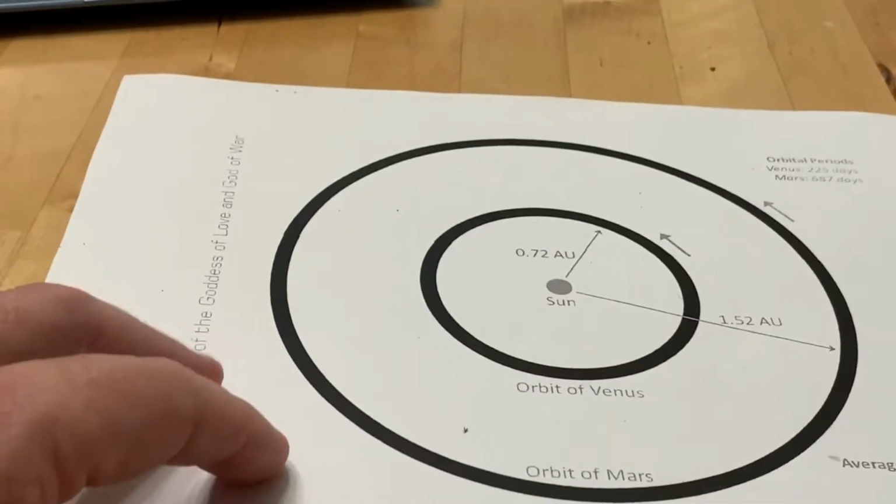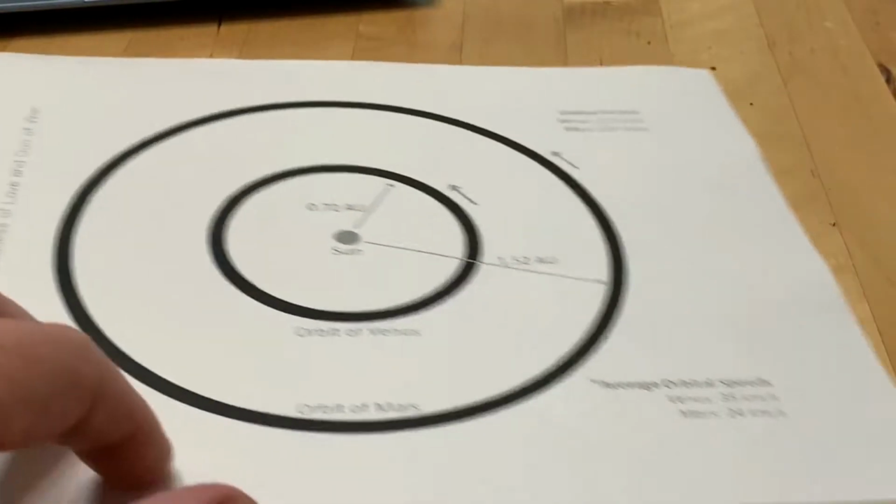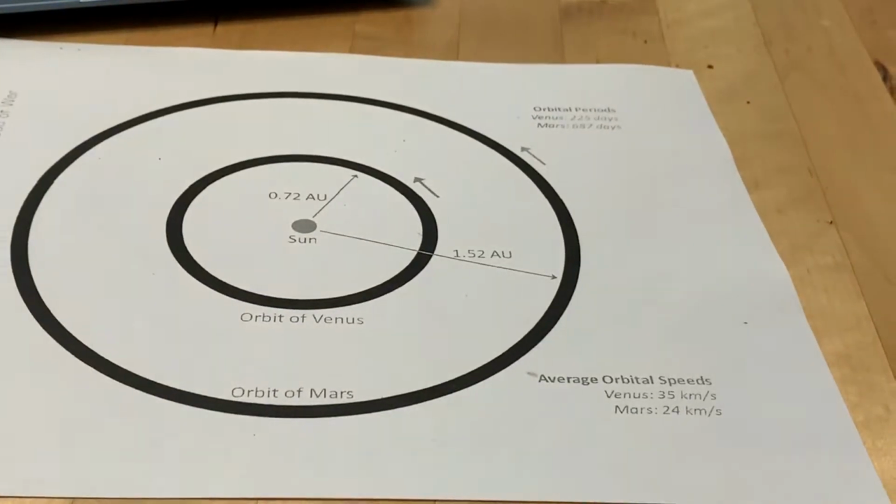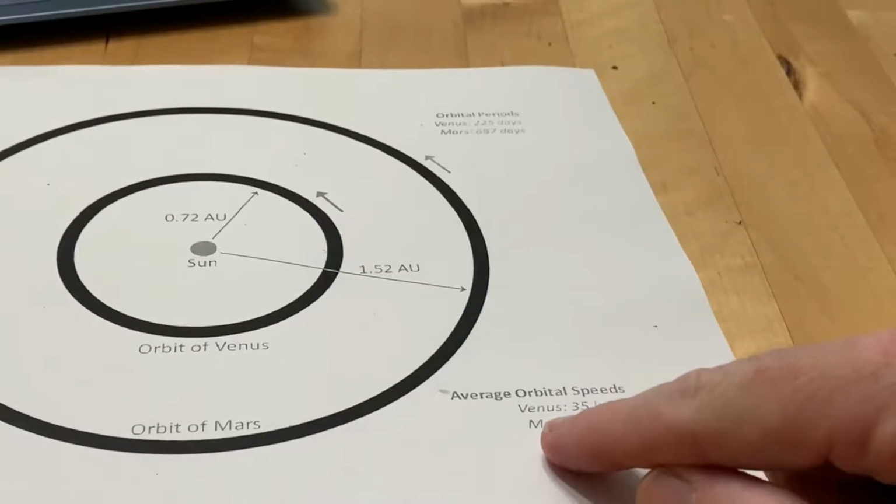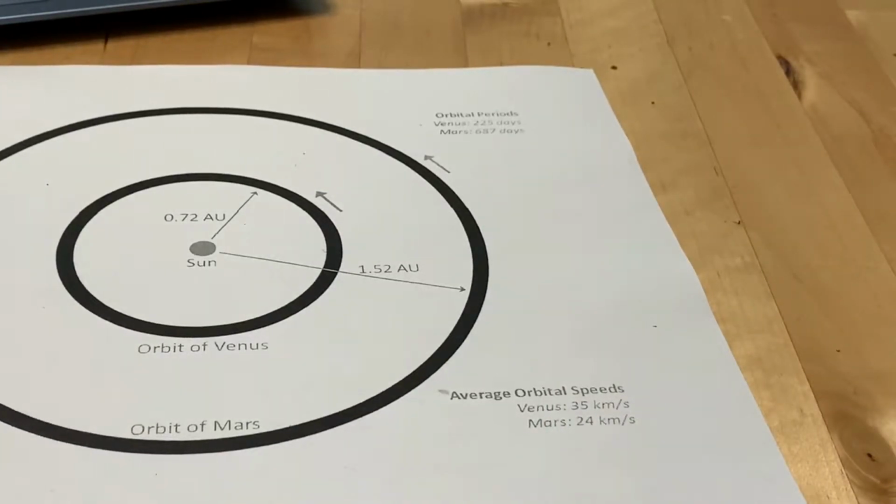The other thing, right? We're going to look at orbital speeds. Venus travels at a speed of about 35 kilometers per second. If you live in the Santa Rosa area in California, that's about Santa Rosa to probably San Rafael in about 1 second. That's pretty quick.